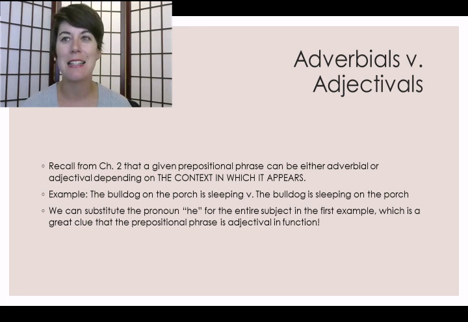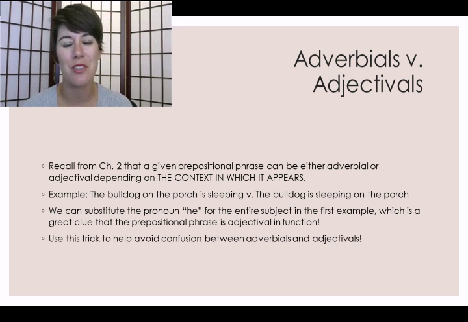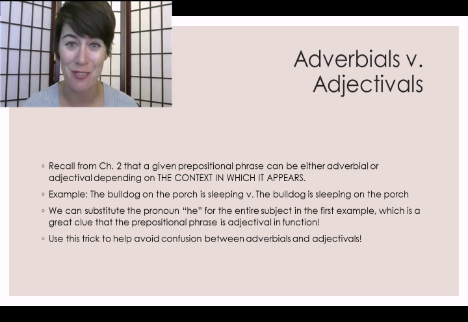He is sleeping. If I tried that in the second sentence, he is sleeping on the porch, I don't get to fold the adverbial in the way I would with an adjectival. So this trick can help you avoid confusion between adverbials and adjectivals, and it can also, as I mentioned, help you figure out where the subject begins and ends, which is more complicated than it sounds sometimes. Substitute a pronoun in for the entire noun phrase.